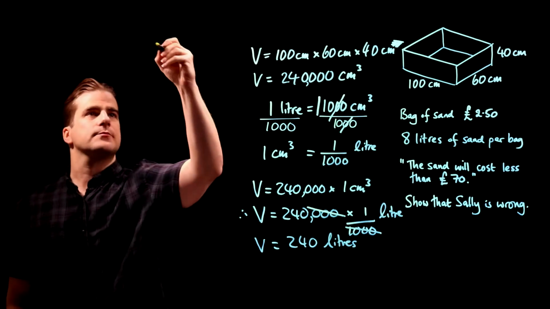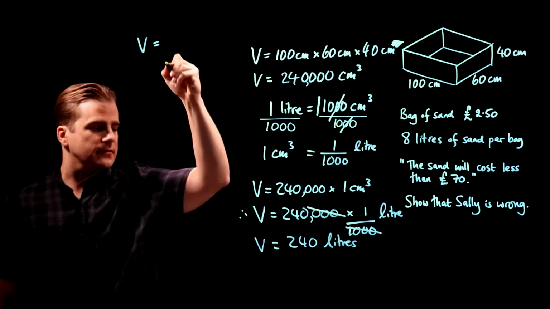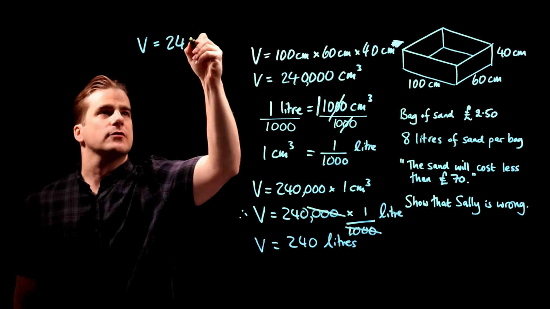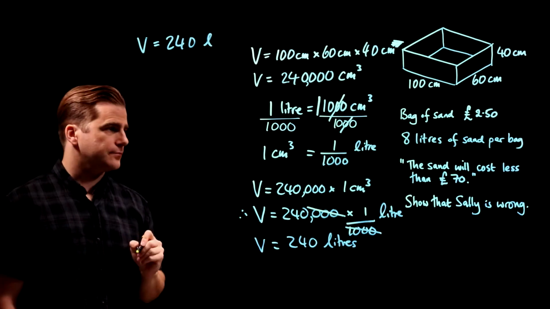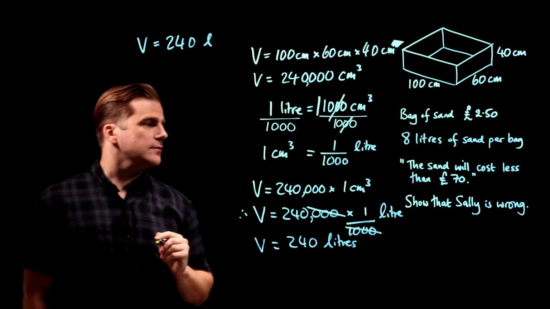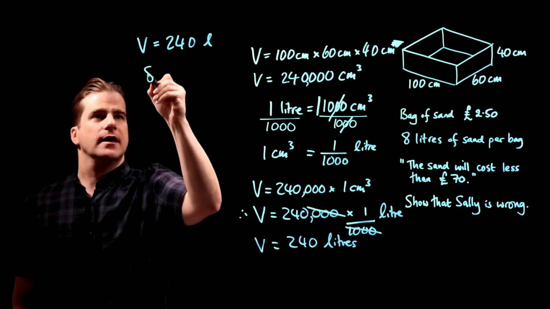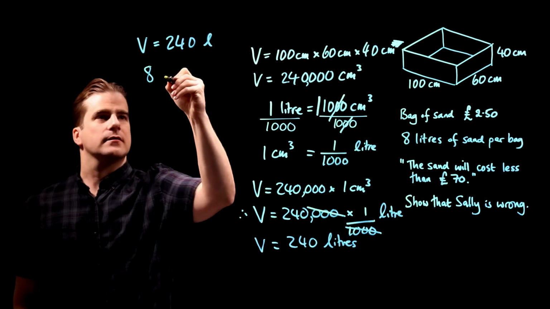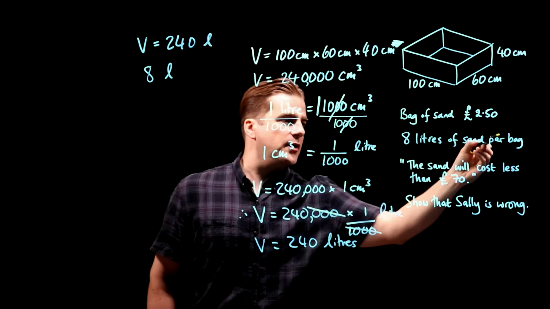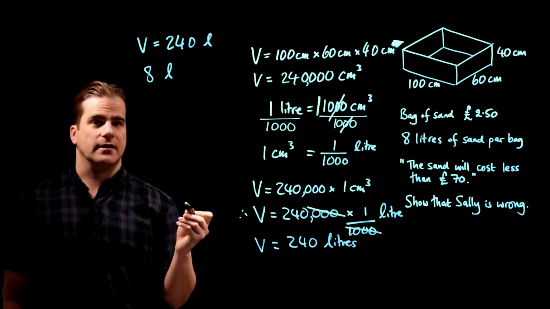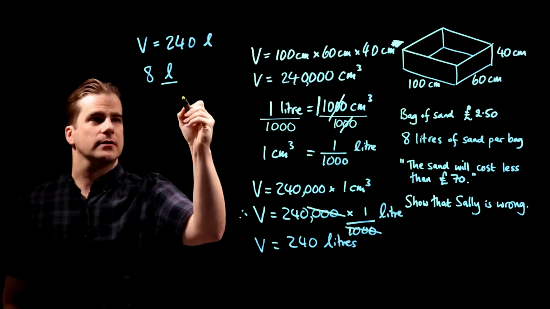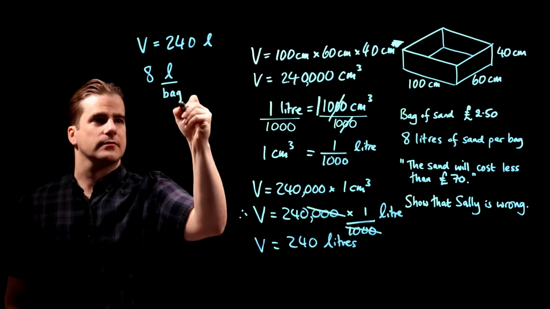Right, so volume is 240 litres, and we have 8 litres of sand per bag. Write it like this, litres per bag. Okay?